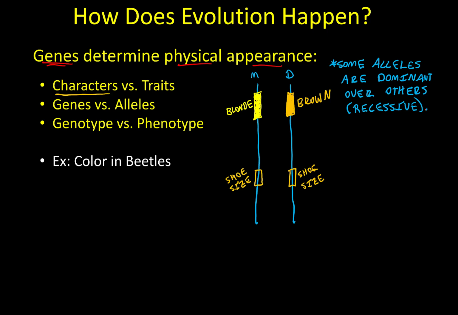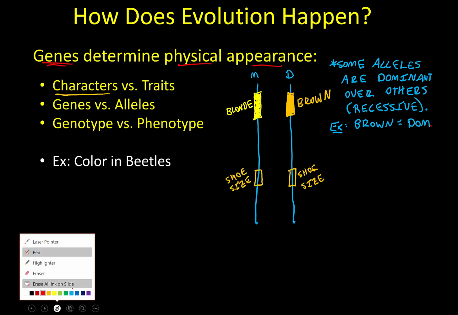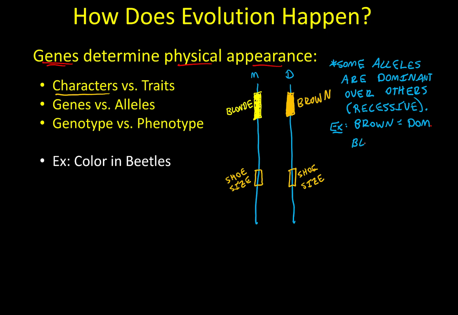In this example, the brown allele is dominant, while our blonde allele is recessive. What that means is our hair color is going to be brown. The dominant allele, this is an important thing to know, the dominant allele controls your physical appearance.